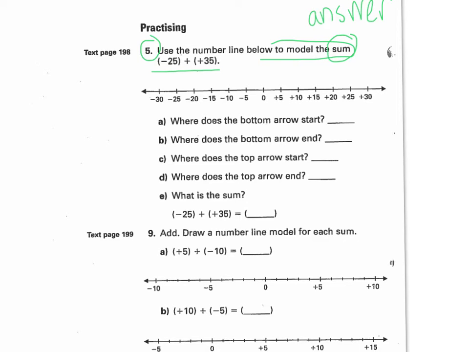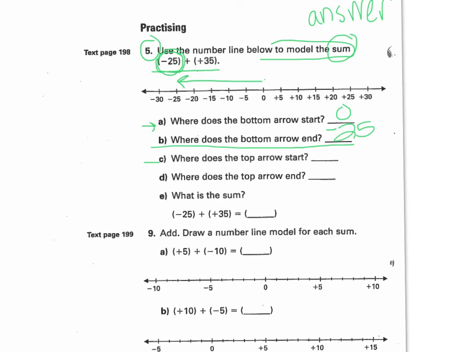The first number, A. Where does the bottom arrow start? Always starts at 0, right here. Where does the bottom arrow end? It's going to end at -25 because it's the first number in our statement. So we're going to make our arrow move to the left at negative 25.